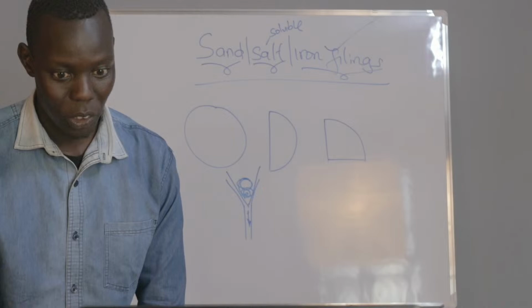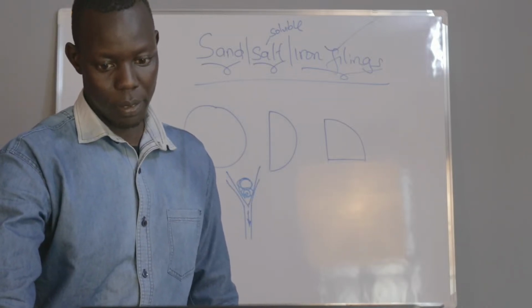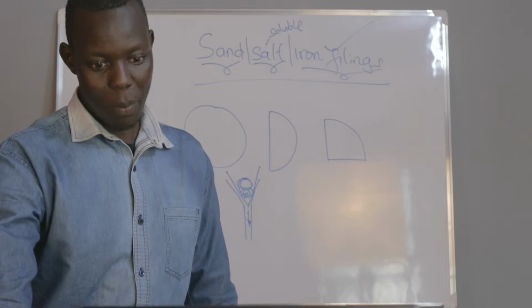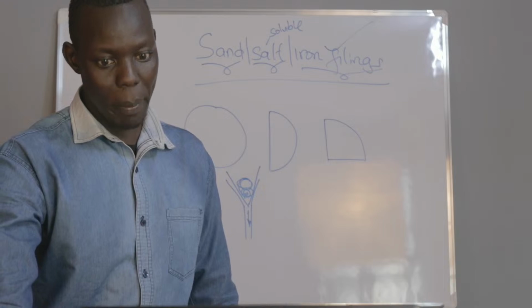What do you call the substance that passes through the filter? It is called the filtrate, which is okay. What do we call the ones that remain?